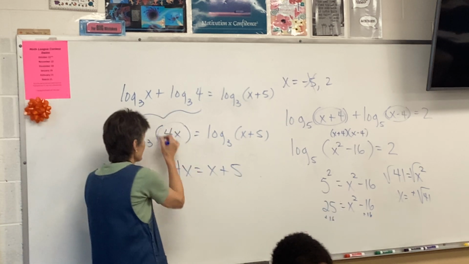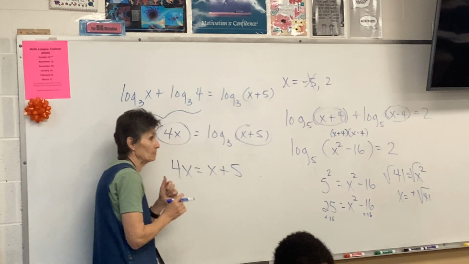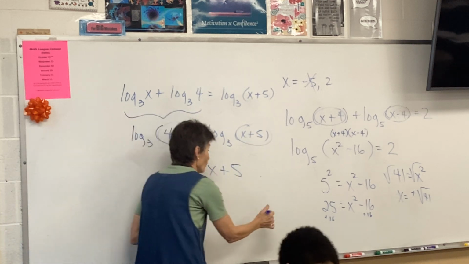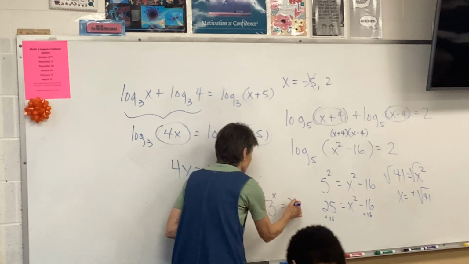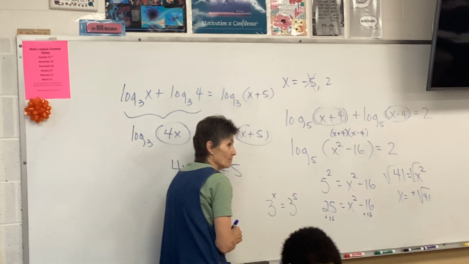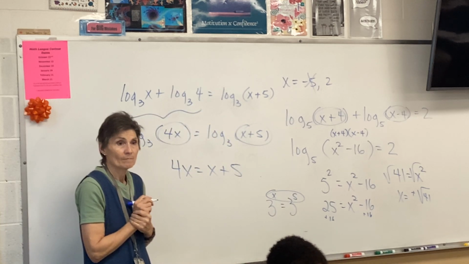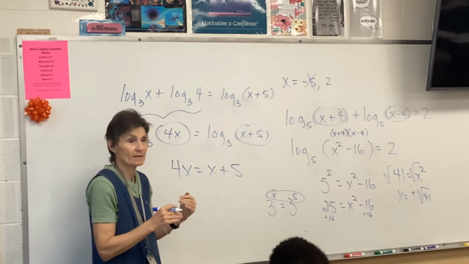Doesn't it make sense that these two things have to be the same? It's just like with our exponents. When we had 3 to the x equals 3 to the 5th, didn't we just go straight to x equals 5? It's exactly the same concept.